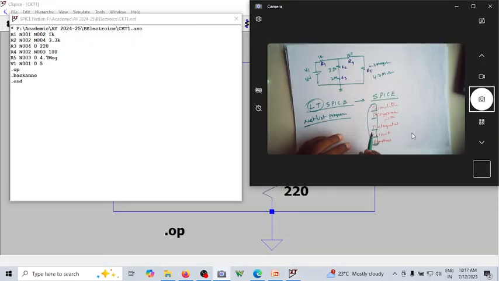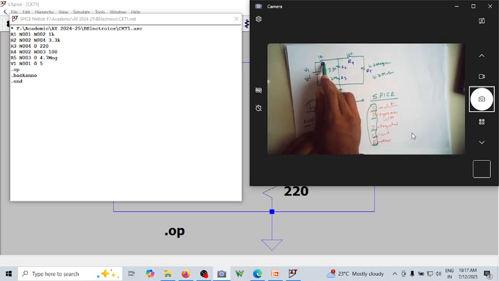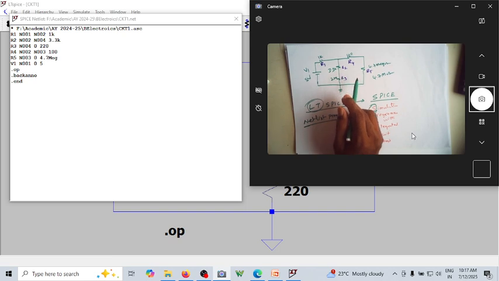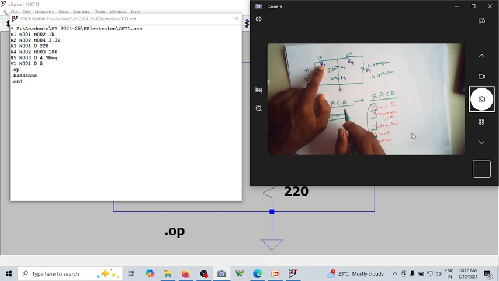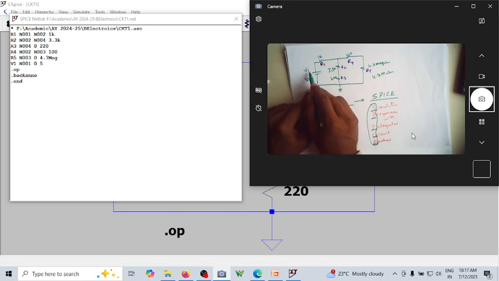Now you have resistor R1, R2, R3, R4, R5, and of course a voltage source V1.